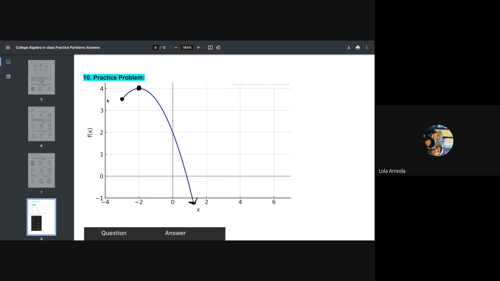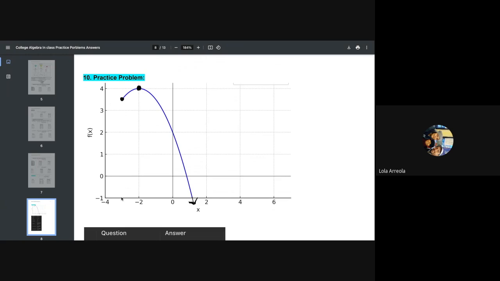But I'm not looking at the y. Where am I looking? My x domain, and I'm scanning left to right. So at this y point, which is y is 3.5-ish, what is my x? My x appears to be right in between -4 and -2. My x is -3. Okay, that's where my graph starts.